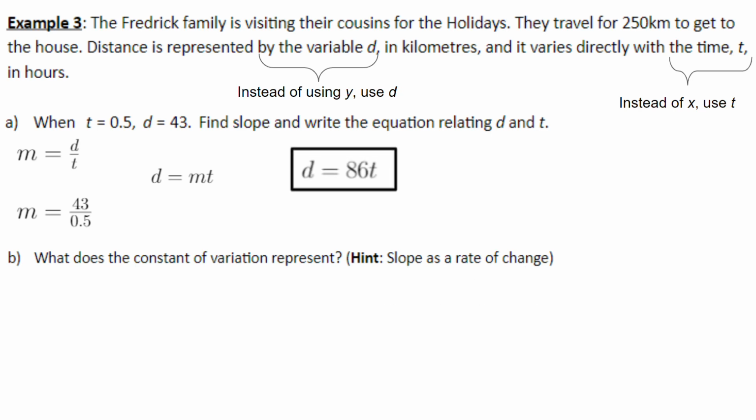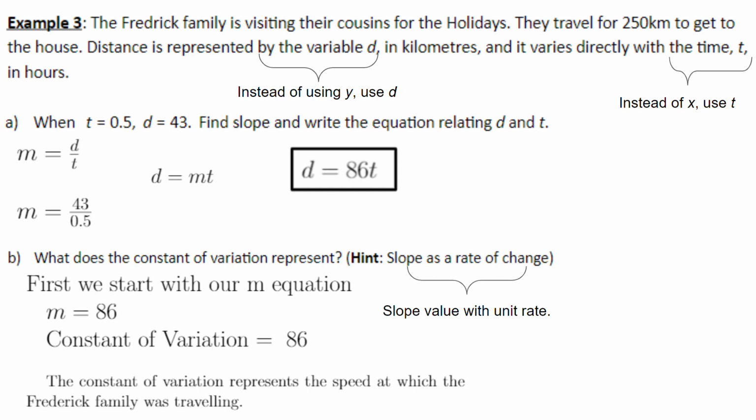Now, what does this constant of variation represent? First we start with our m equation, which is 86. And keep in mind that the constant of variation is the slope as a rate of change. So it's the slope value with a unit measurement or unit rate. So in this case, constant of variation actually represents the speed at which the Frederick family was traveling.